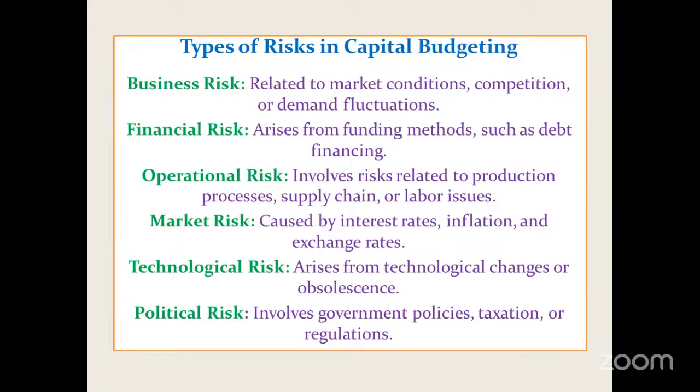So internally there are risks: production process, supply chain, and labor issues. Market risk is caused by interest rates. For example, today gold rates are increasing and decreasing. It depends upon the market conditions. Interest rates may fluctuate.